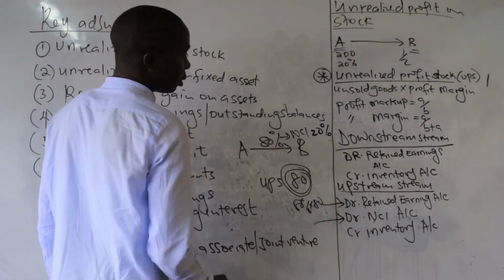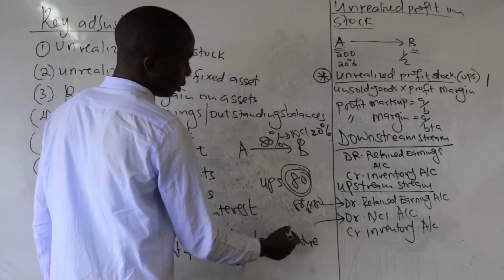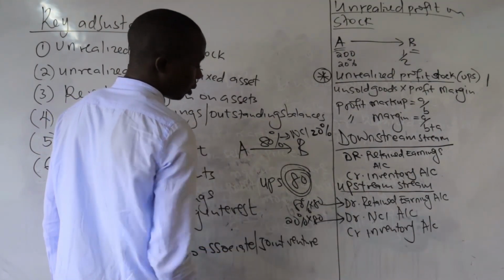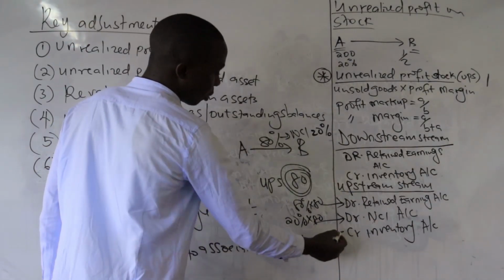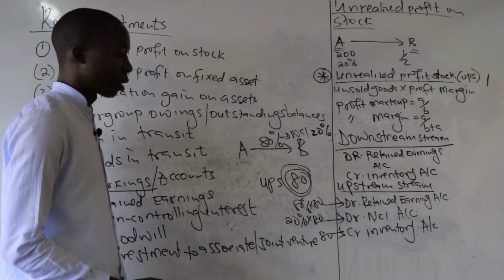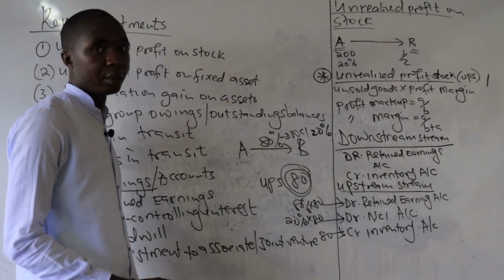Again, you debit 20% of the 80 to the NCI. Then you credit with the total amount of the UPS, the 80.